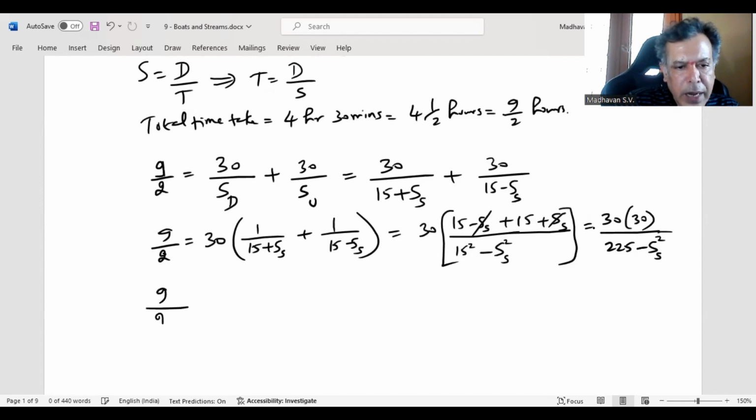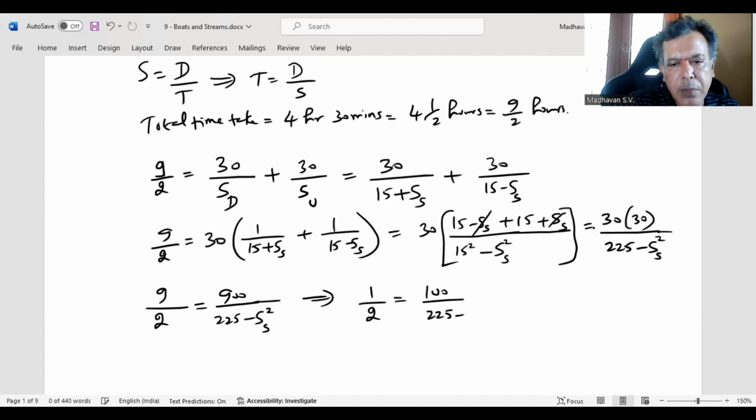So 9 by 2 is equal to 900 divided by 225 minus SS square. Dividing both sides by 9, we get 1 by 2 is equal to 100 by 225 minus SS square.